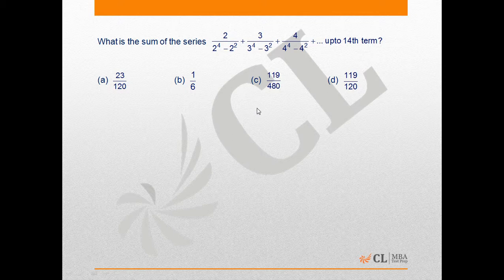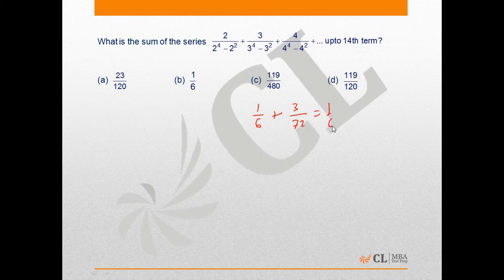Here first term is 2 upon 2 raised to power 4 minus 2 square. This is equal to 1 by 6, and second term is equal to 3 upon 81 minus 9, that is 72.